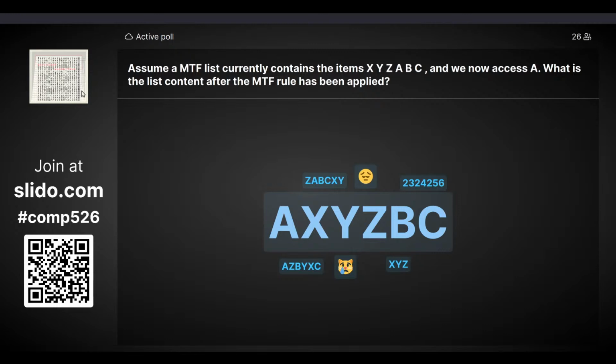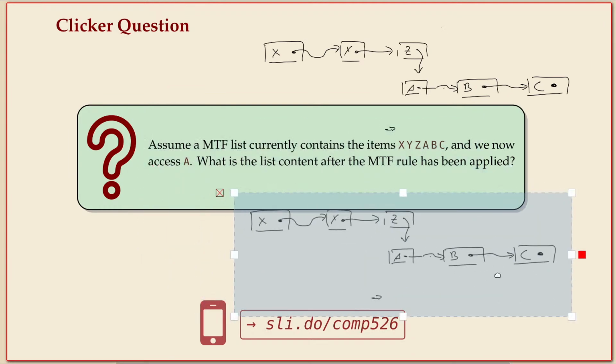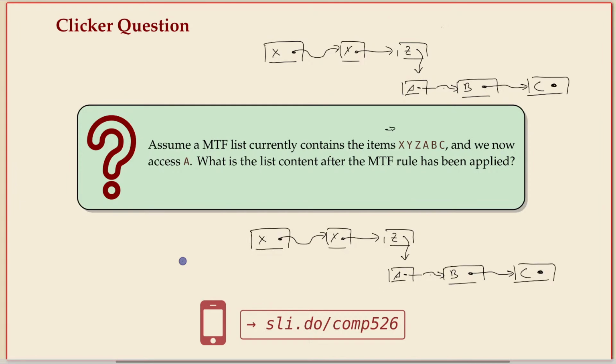So let's see. There's a big blob for A, X, Y, Z, B, C, and the usual. And that's the correct answer. So we have that list before, and then after, what we do is we traverse, we walk through the list until we find the letter we want.